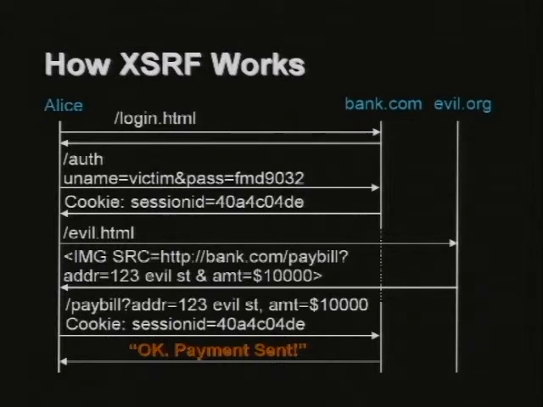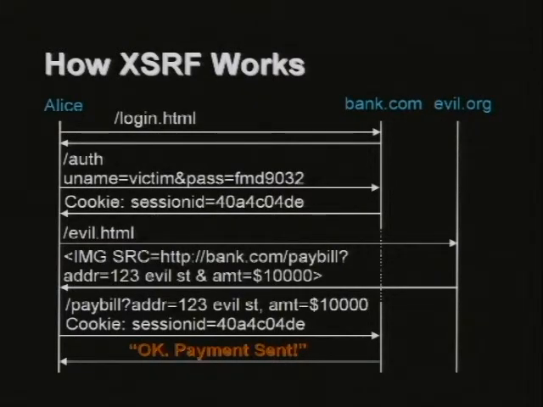And when the browser makes that connection to bank.com, the browser notices, oh, the user is logged into bank.com, so to abide by the cookie spec, I should go ahead and send the cookie for the user to bank.com as well. So bank.com gets a request from Alice's browser that says, Alice wants to pay a bill, and the bill should be sent to 123 Evil Street, and the check should be made out in the amount of $10,000.